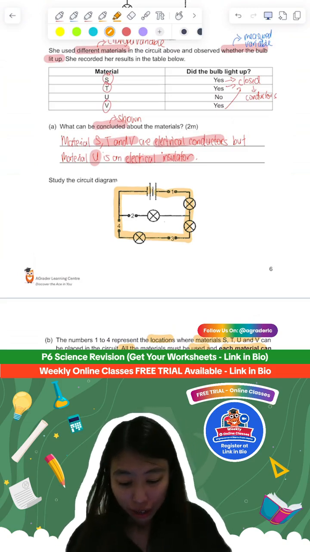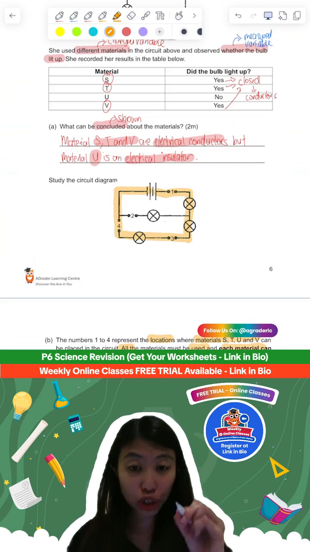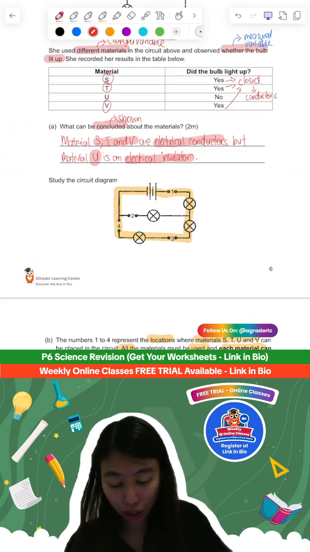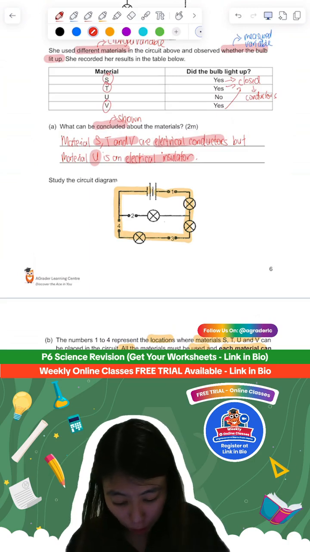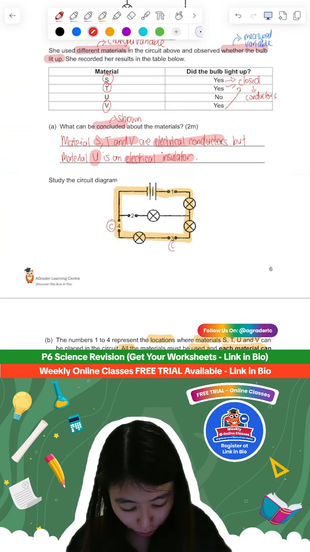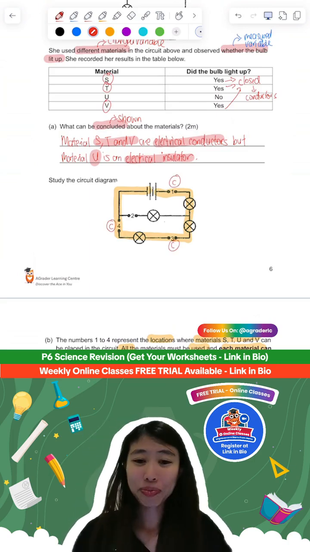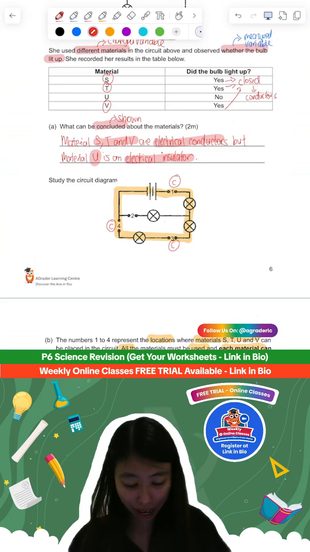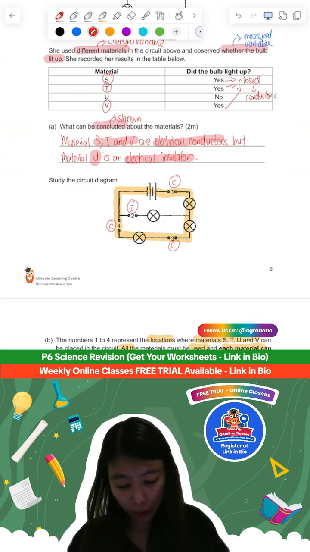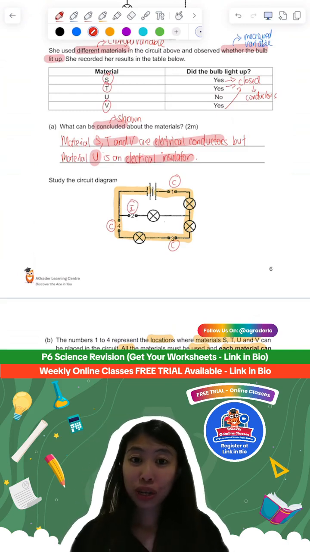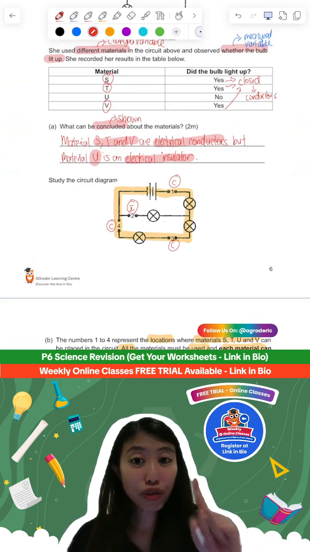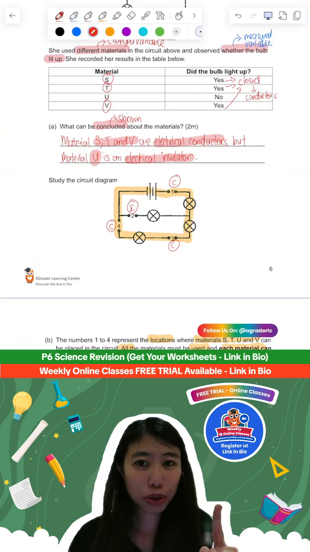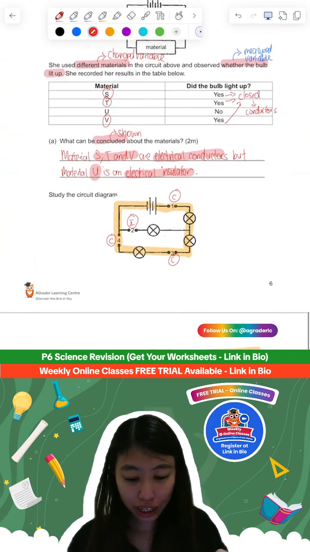That would be the most bulbs. So the conductors must be placed at 4, 3, and 1. C means conductors, which also means that the insulator can be placed at 2. So everybody, your answer for 2 must be which material? S, T, U, or V?